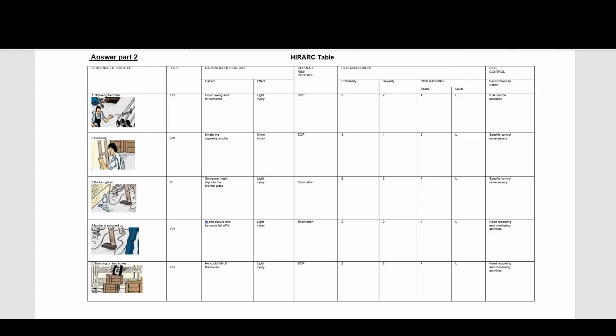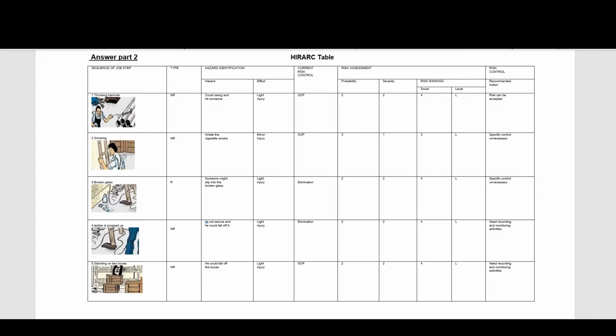For the risk ranking, the way to find the score is we multiply the probability and the severity. So 2 times 2, we get 4. And the level according to 4 is L level. And the risk control recommendation is that the risk can be accepted.